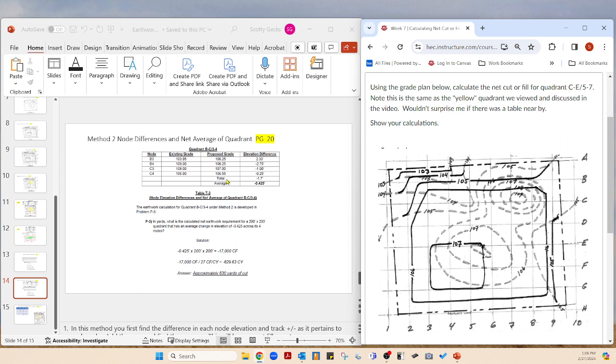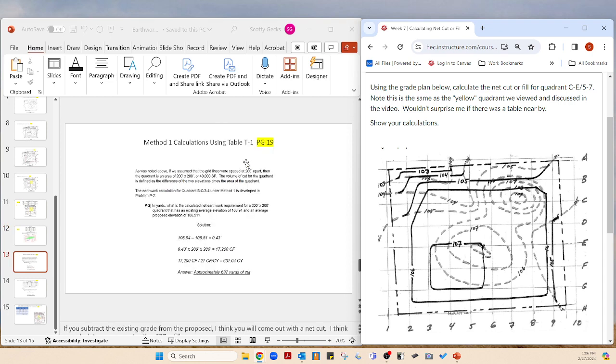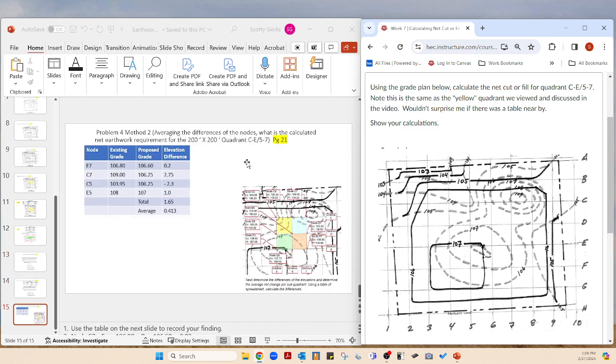This is the node method, node elevation differences. All the nodes are here. And this is kind of what you're doing, really, as opposed to this form. They're getting all of this added up, and they're coming up with an average elevation for existing and an average elevation for proposed. And really, we're kind of doing the same.